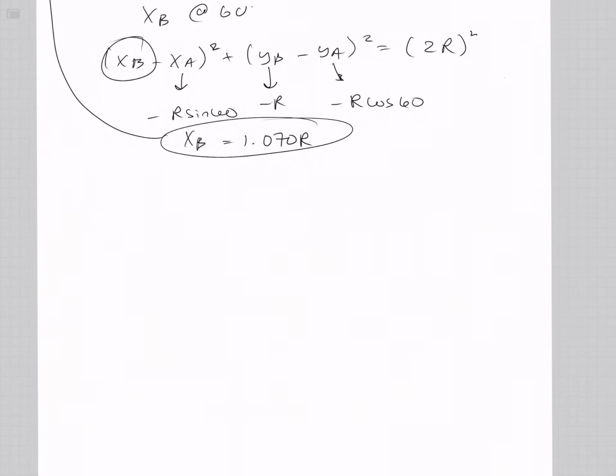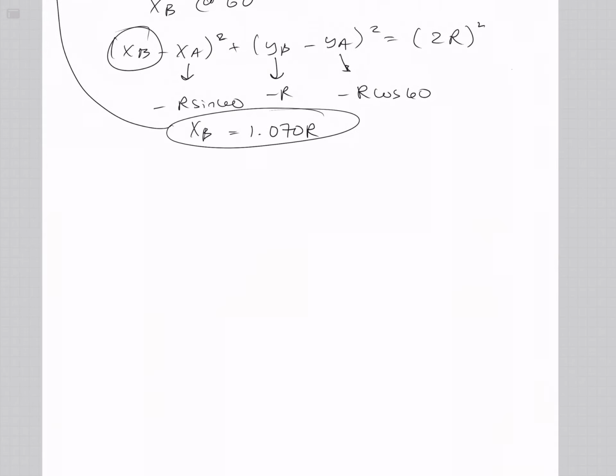Now let's look for ẋ_a. And that is going to be a little bit easier because the equation from earlier is a little bit simpler. We have x_a times ẋ_a plus y_a times ẏ_a equals 0.